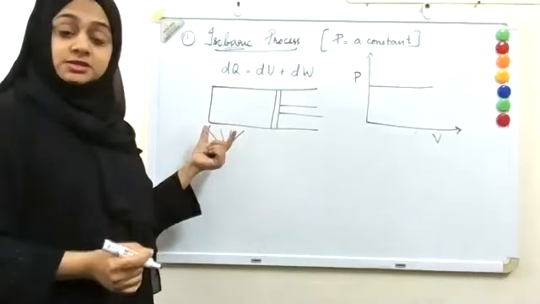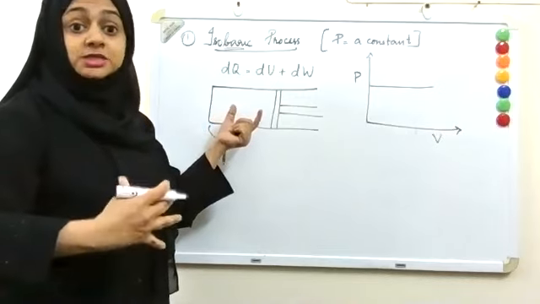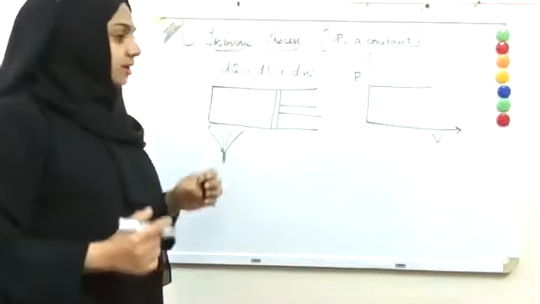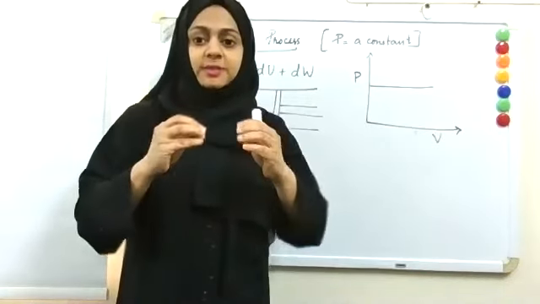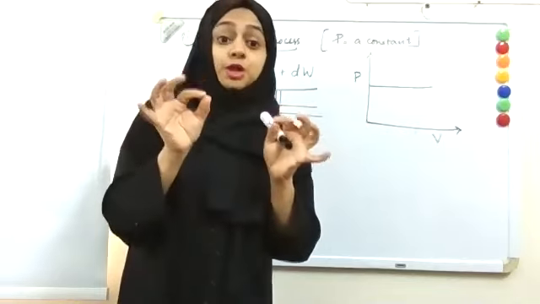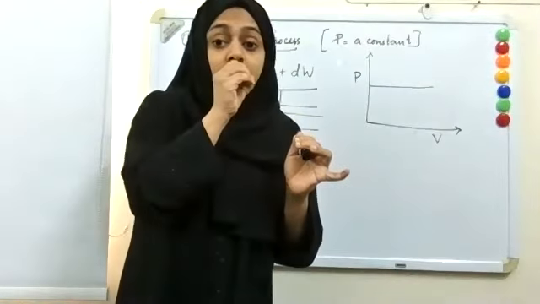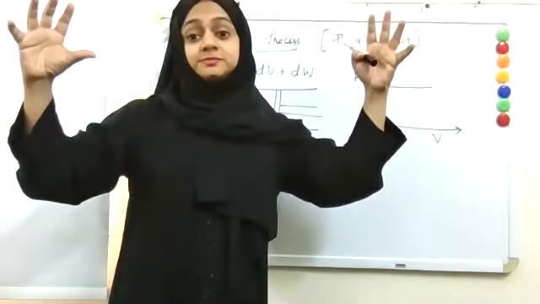If you heat this, the gas will tend to expand, right? Usually, when something expands, what happens? Its volume increases. For example, if you take a balloon and if you blow air into it, why does it expand?